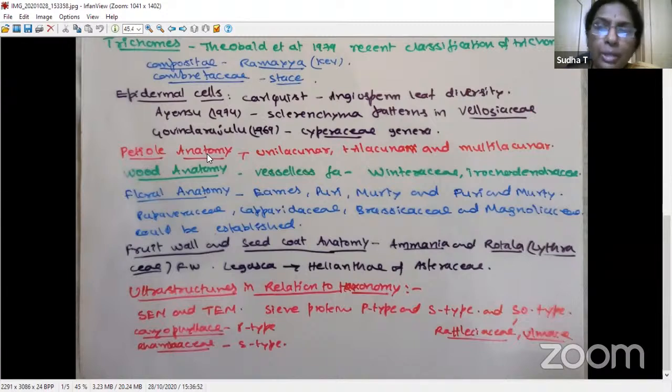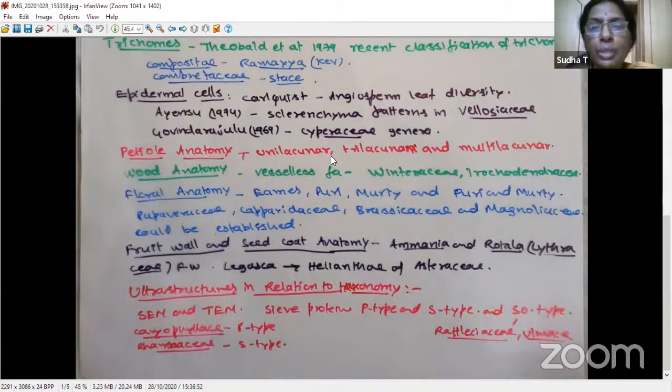The petiole anatomy and the nodal anatomy, just go through them once to get an idea of how the diversity of forms is seen. There are leaf traces and leaf gaps. The petiole anatomy also helps in identifying whether they are advanced or primitive types, and what the links between them are.